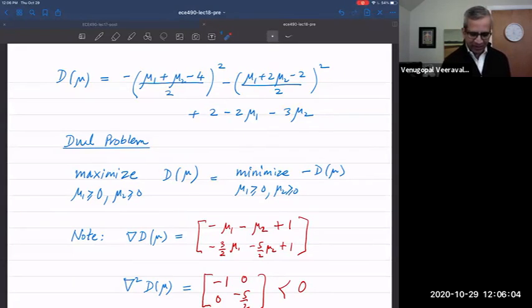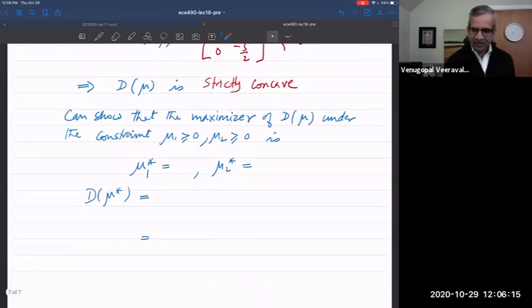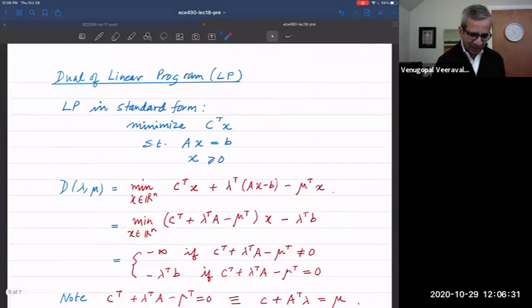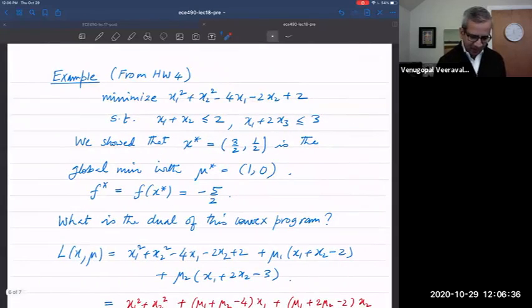So start with this quadratic function with these linear constraints and find the optimum solution to this problem using KKT conditions. What do you think the solution is, based on our strong duality result? Let's go back to what we did in homework 4. What did we show in homework 4?